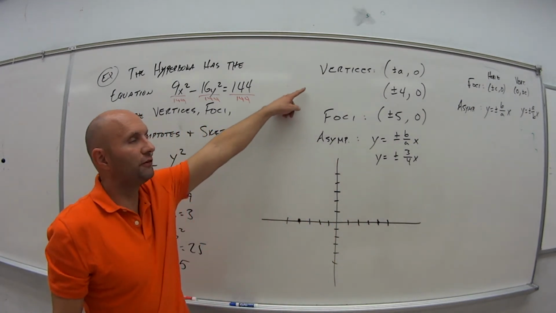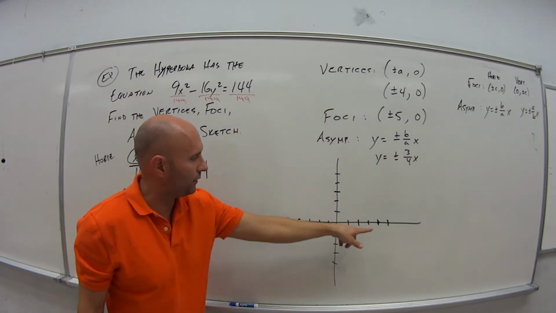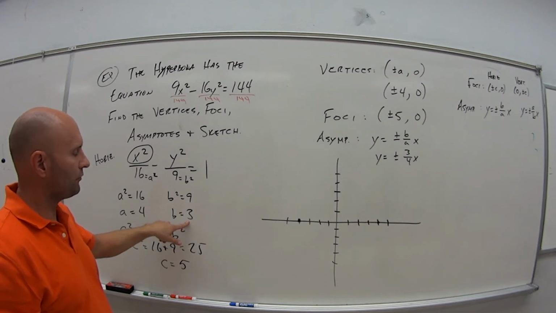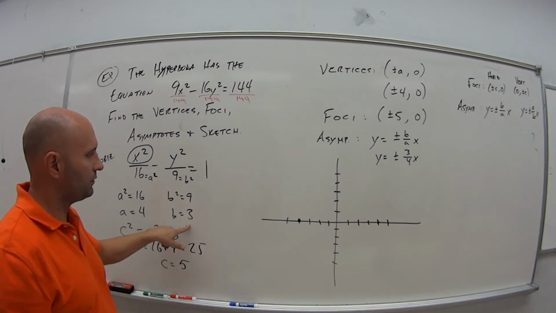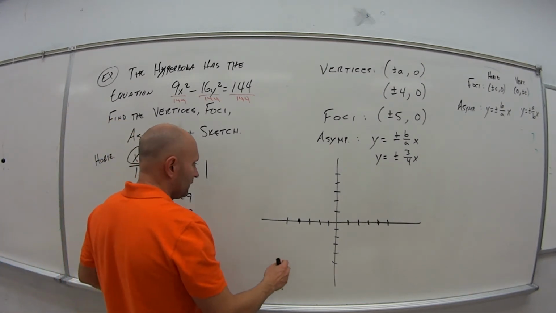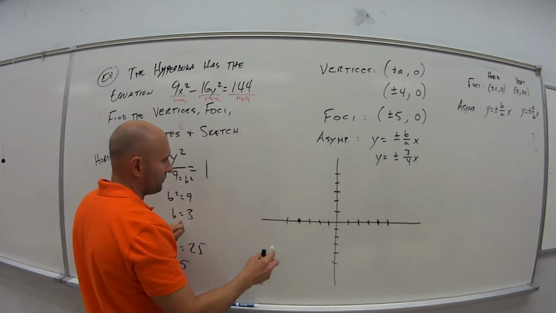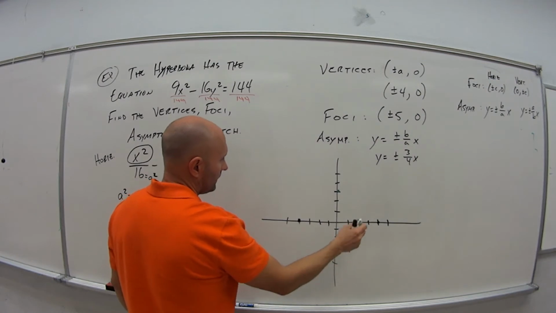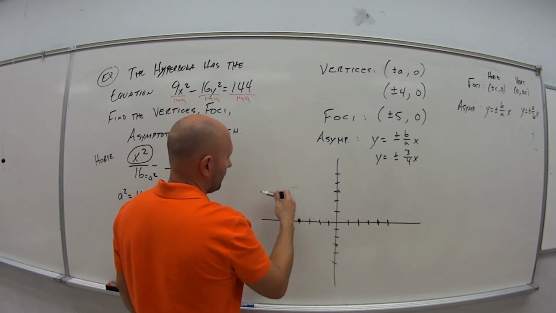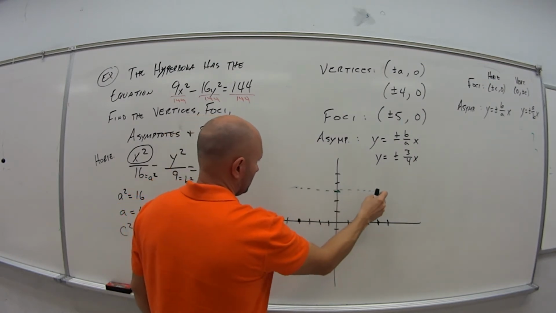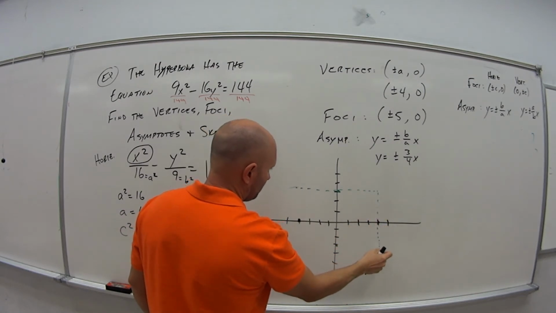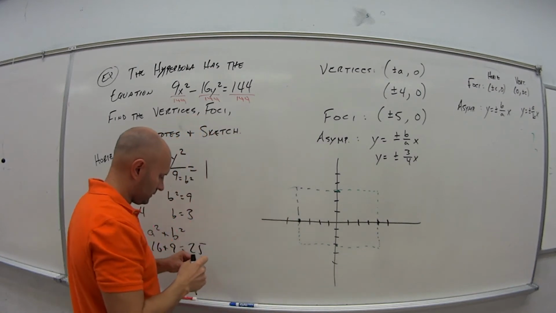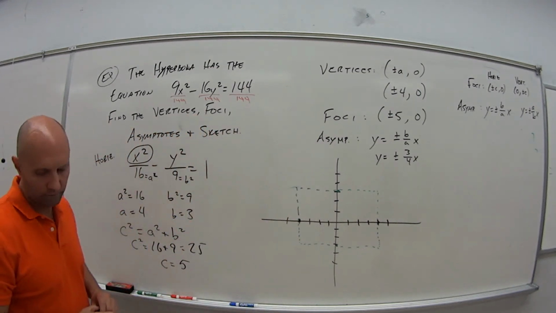That's also our vertices, as you notice, plus or minus 4 and 0. Then the other sides of the central box are our values for b. So b is 3, so up 3 and down 3. And we're essentially just going to draw a box that has these values, 3 and 4, as the sides.